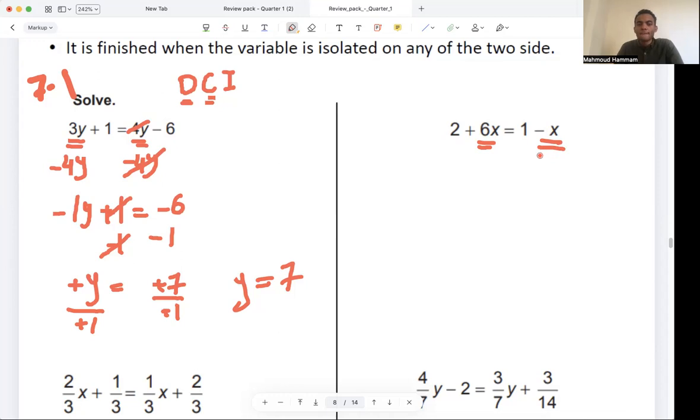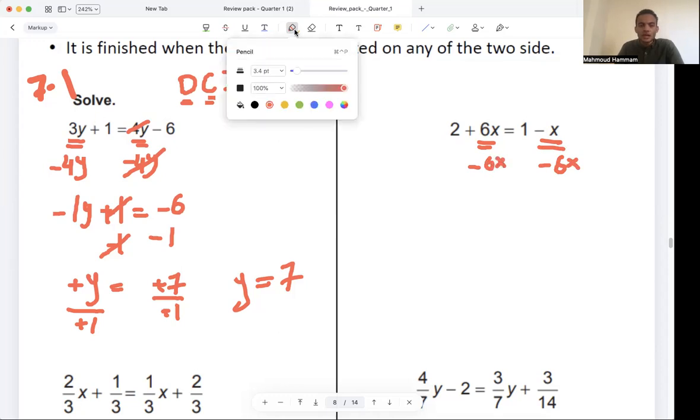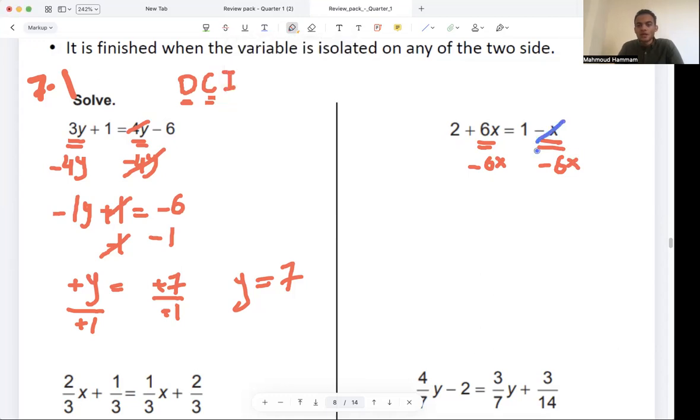So what will you do? I'll make the 6x go to the negative 7x, so minus 6x. Minus 6x left, right. Very good. And then negative 7x. These together will be negative 7x. On the right-hand side, they will cancel. So you will still have just 2, and minus 7x as it is.